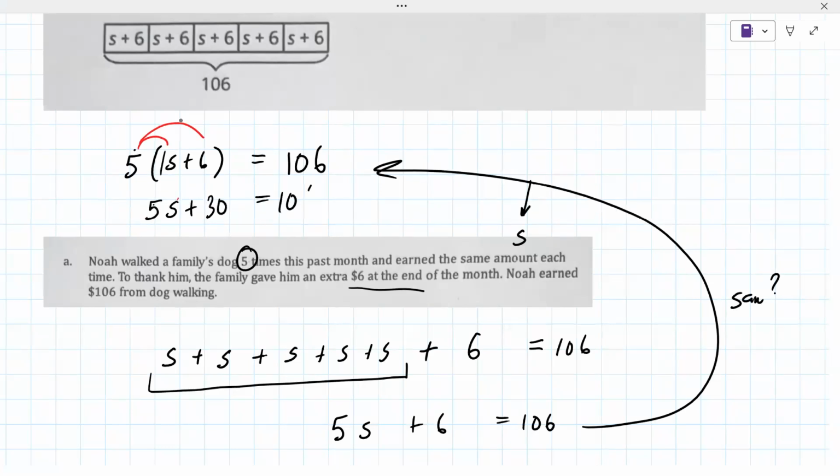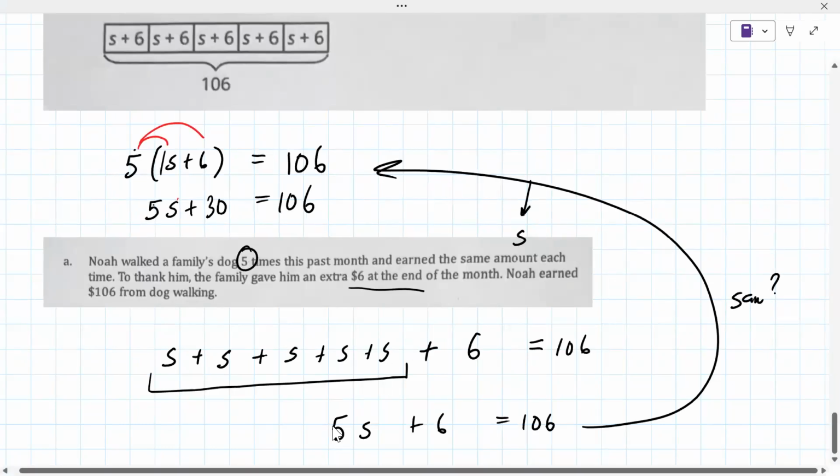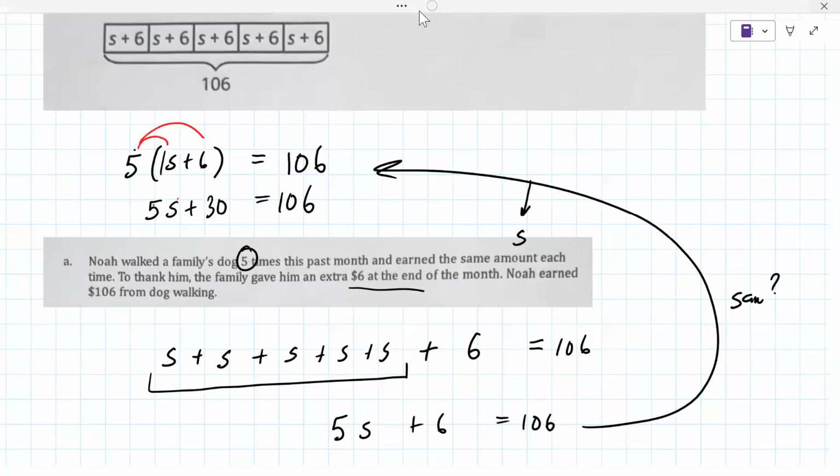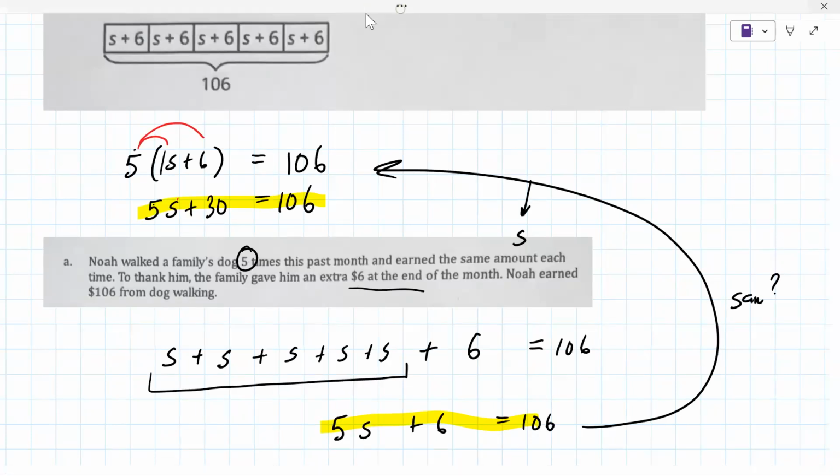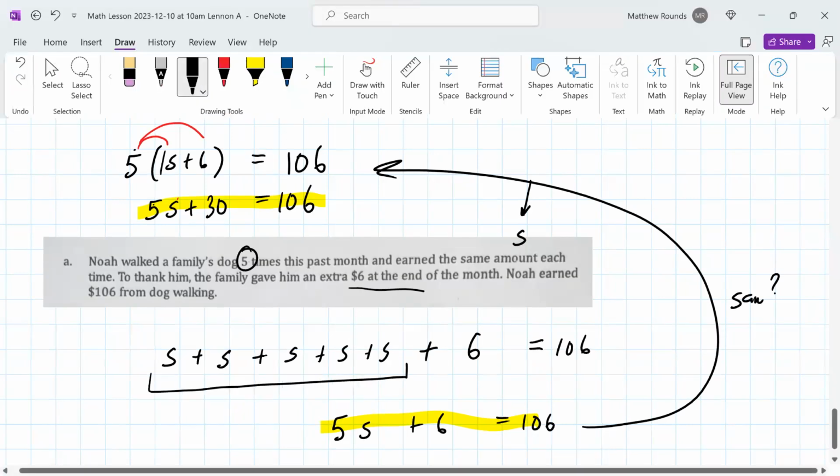Right. Is that the same? You've got to look carefully. It kind of looks like it's the same, but it's not. It looks like it could be, but it's no.